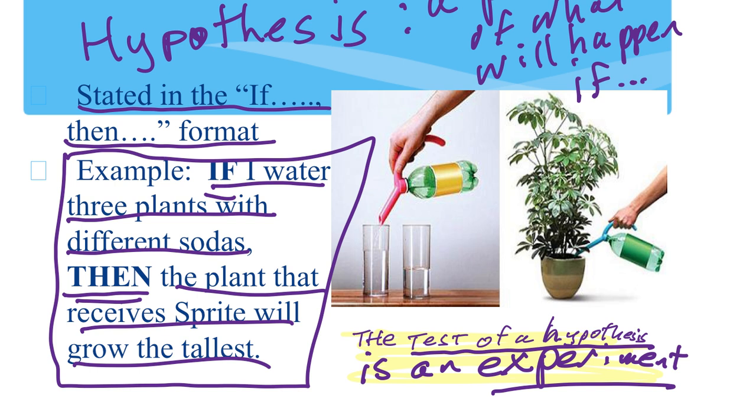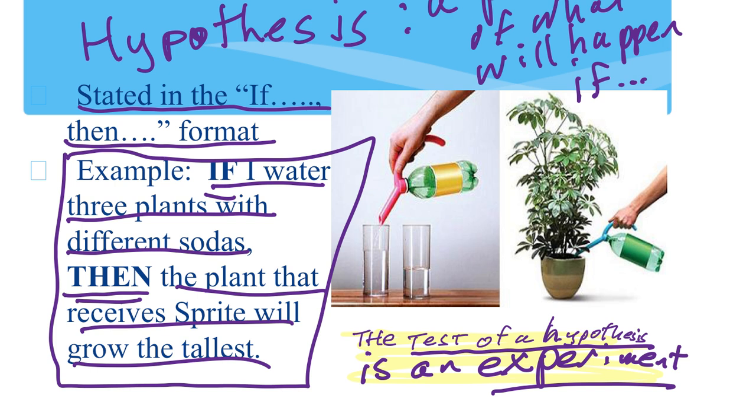So I don't know why he picks 3 different sodas. Maybe Coca-Cola, Sprite, Dr. Pepper. And then he or she waters the plant with 3 different sodas, right? We'll talk about this coming up. One plant with Sprite, one plant with Coca-Cola, and one with Dr. Pepper.